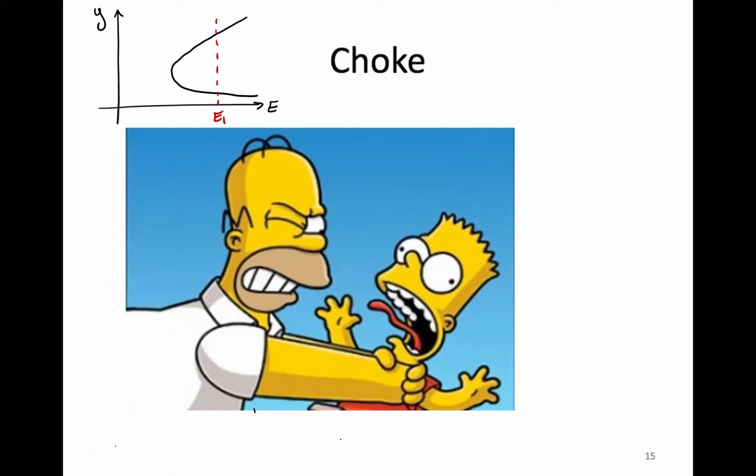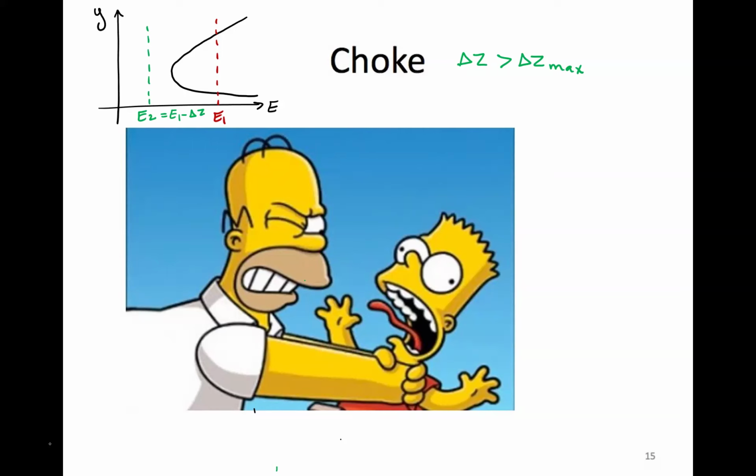It's bigger than delta Z max. So our delta Z is actually greater than delta Z max. So the question is, what happens now? If we do the calculations again, E2 will be here, and it will be equal to E1 minus delta Z. But now there's actually no intersection between the E2 line and the EY graph.